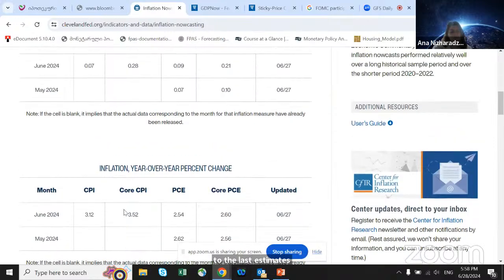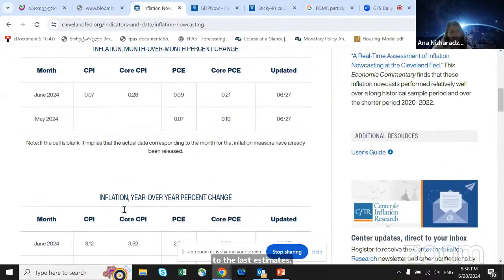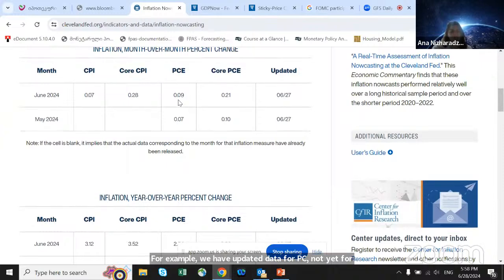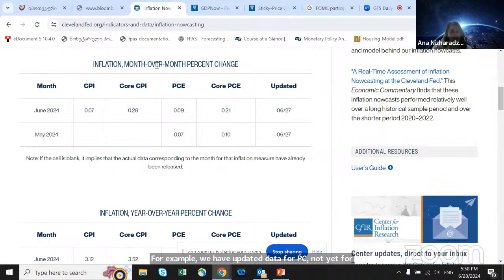So, for example, we have updated data for PCE, not yet for CPI, but from the inflation month over month recent change in the PCE, we see that compared to May, it has increased slightly, while core PCE has also increased slightly, and the data has also been updated yesterday with the GDPNow estimate.